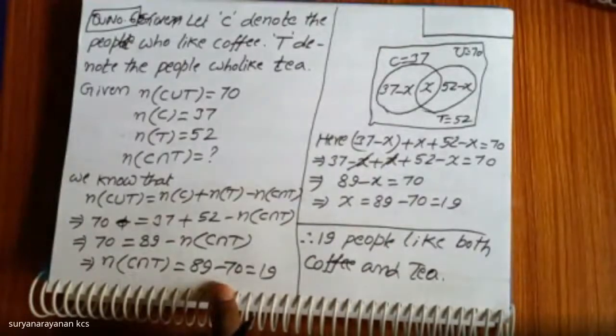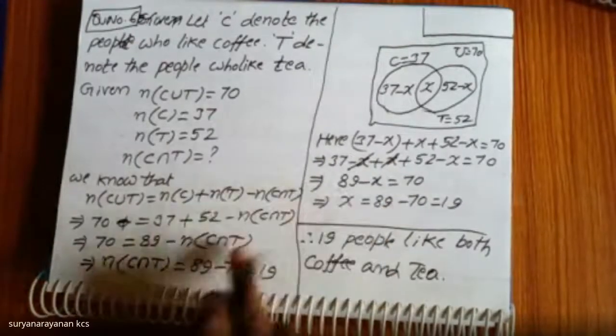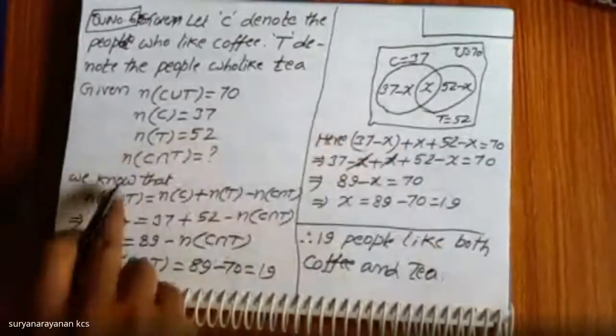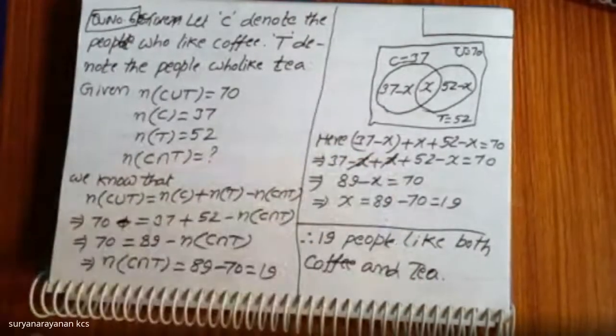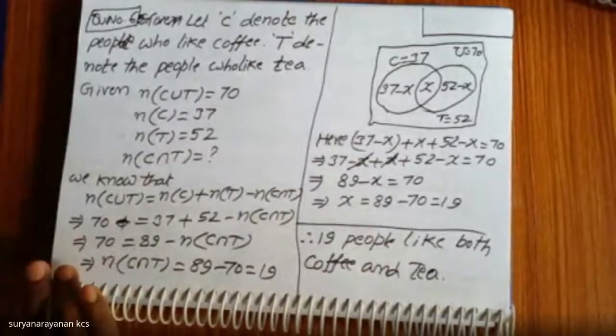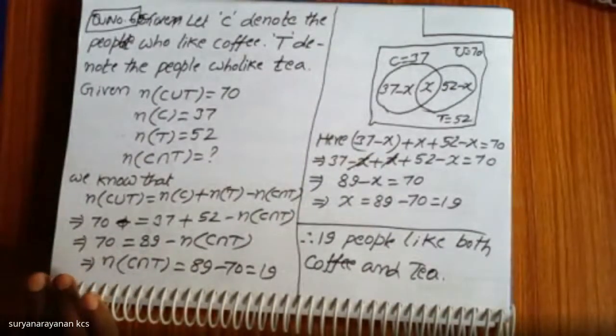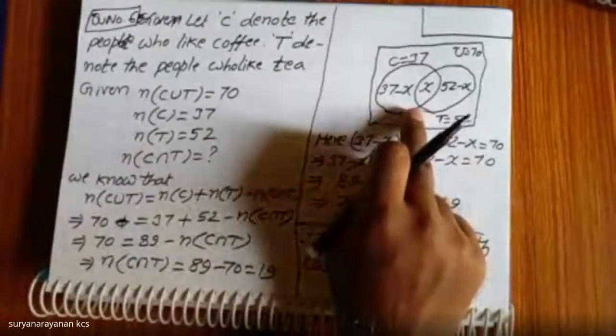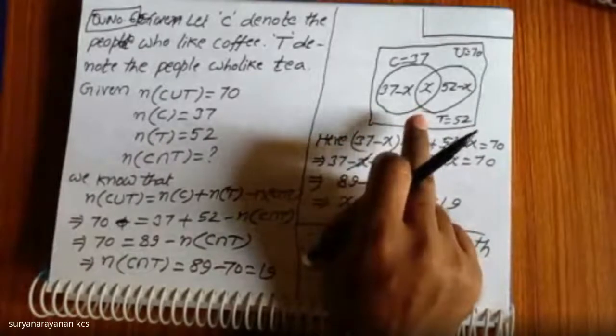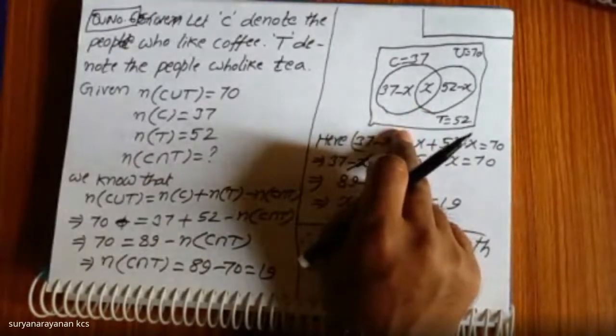Okay, my dear children, understood these two methods using the Venn diagram and using the formulae. But choice is yours. You can use any one of these two methods, which is convenient to you, which is comfortable to you. Yes, if you want to follow this method, this Venn diagram is a must.